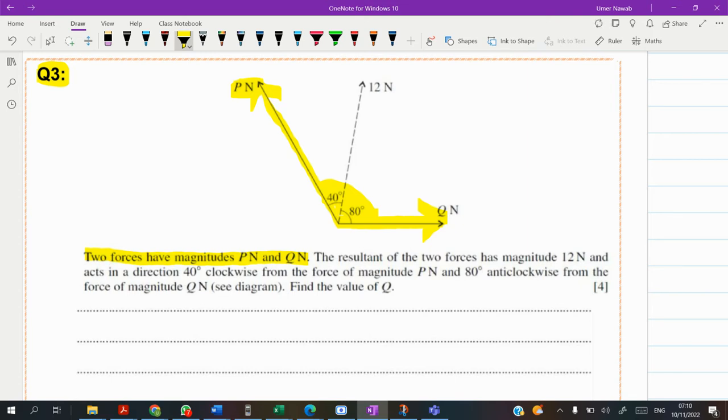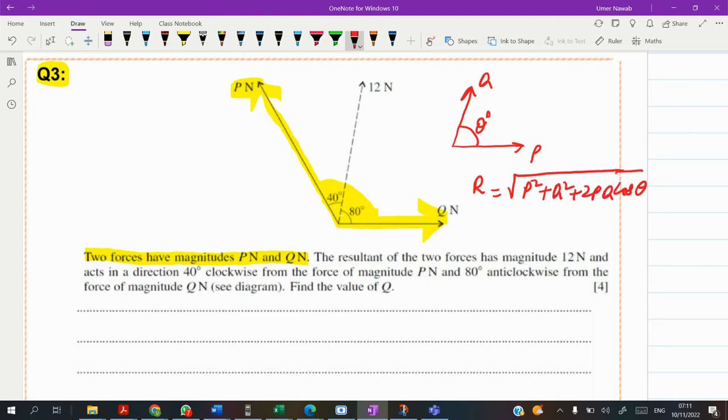You remember in video number 2, I told you that if the examiner gives you two forces, P force and Q force, and the angle between them, you can easily find the resultant. The magnitude of the resultant is the square root of P squared plus Q squared plus 2PQ cosine of the angle between the two forces. And if the resultant is making an angle alpha with the force P, you can find this alpha.